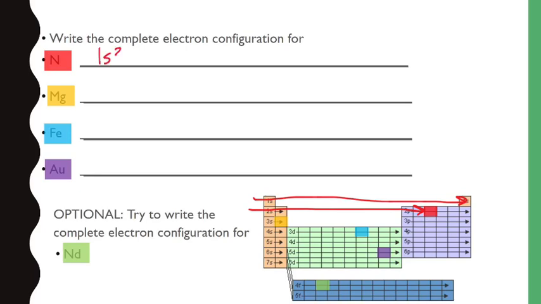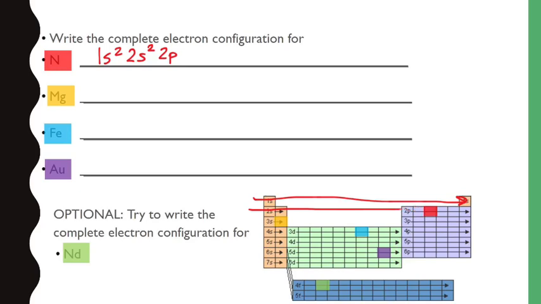So we're going to start at 1s and go through 2 squares. Gets us to the end of the first row. Then at the beginning of the second row, we hit those 2 s's. Even though we're going farther, we only have 2 of those 2s squares to go through, because after that, on our way to nitrogen, the rest of this square over here are the 2 p's.